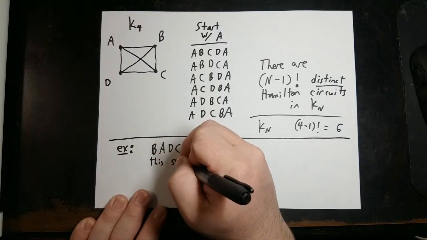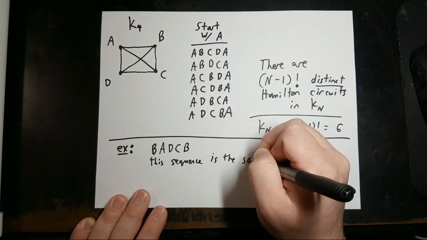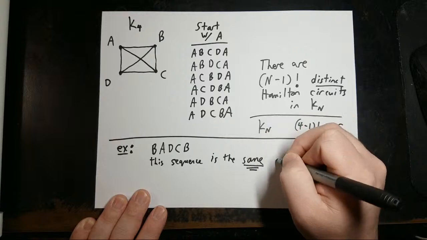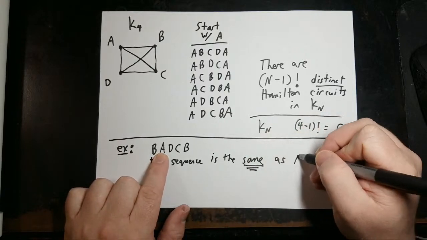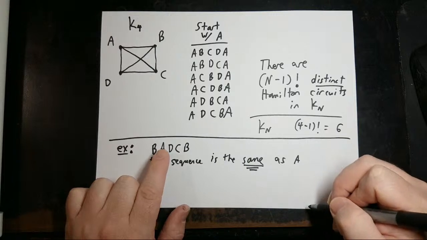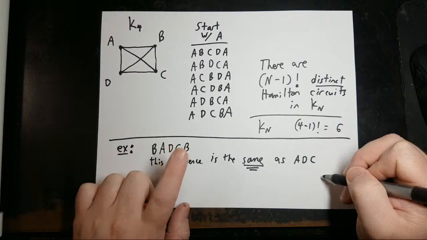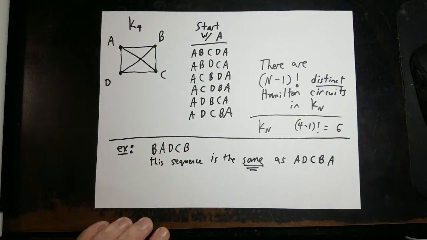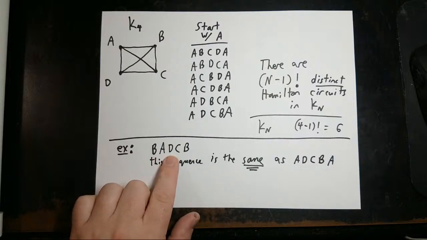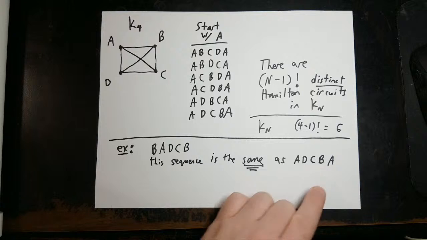This sequence is the same as, now watch what I do here, if I started with A, I could go D, C, B. It wraps around back to A. This sequence is exactly the same as this sequence.